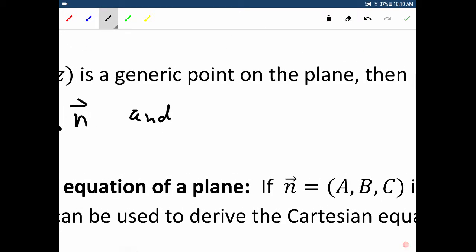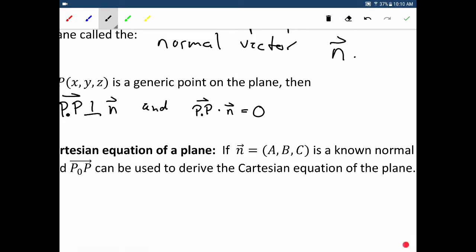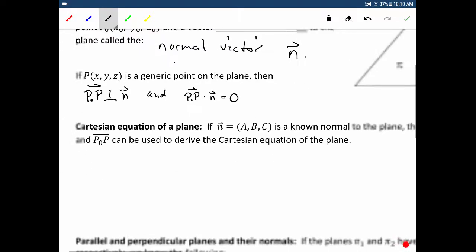Thus, if we take that generic vector somewhere on the plane and take the dot product with the normal, it will always equal 0. So this actually is what gives us the normal equation of a plane.